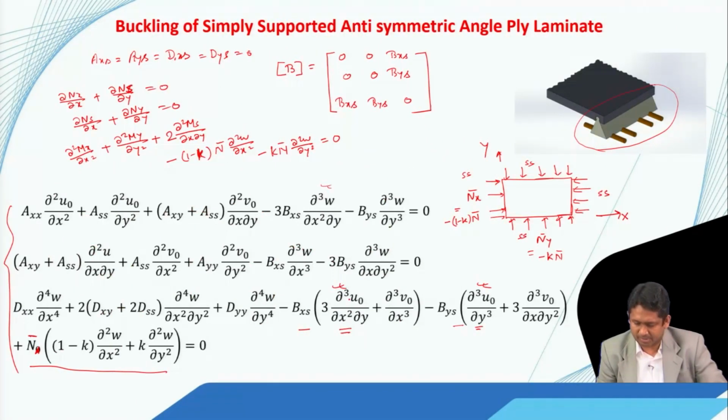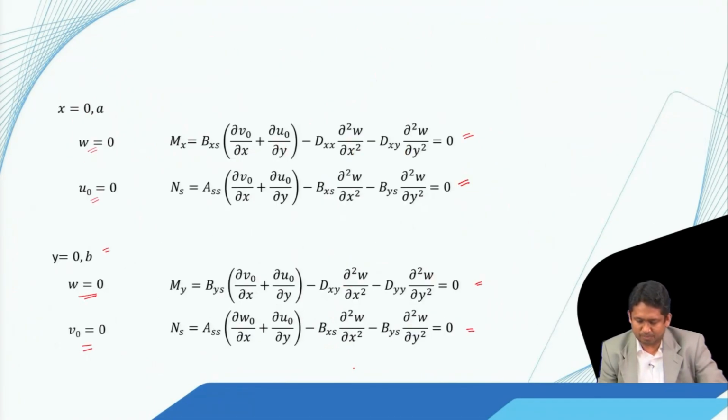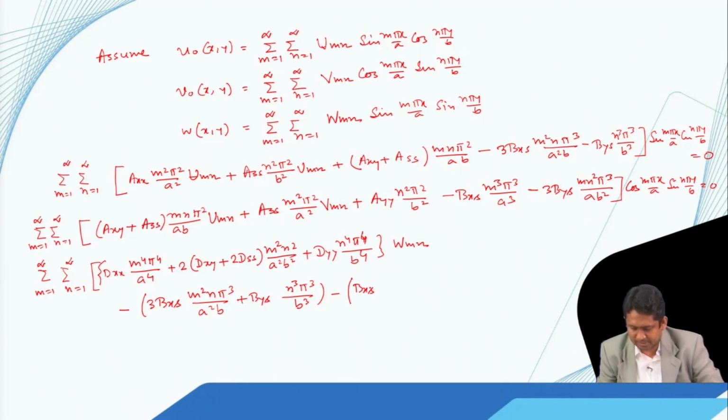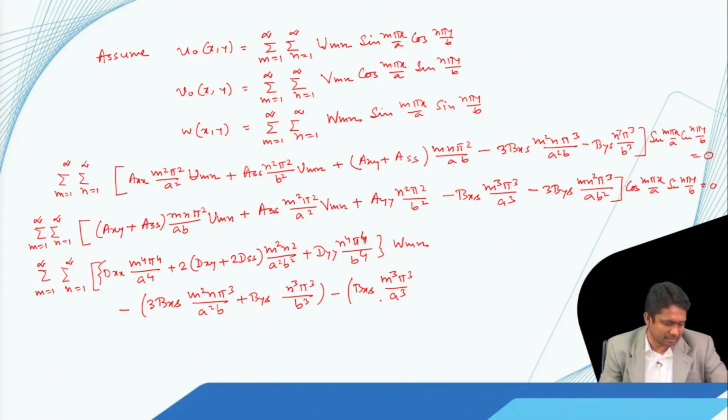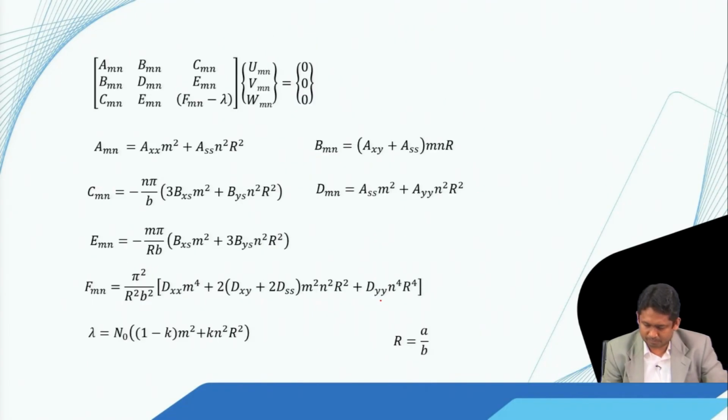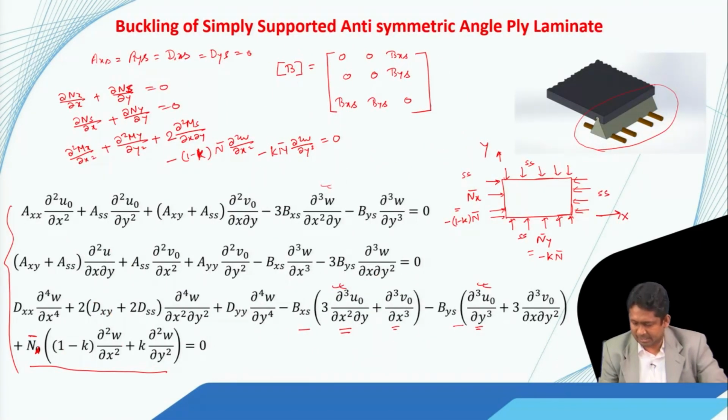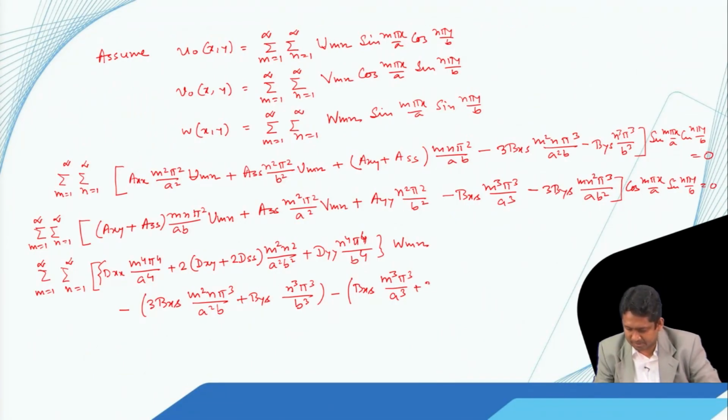So here we have minus bxs del cube v by del x cube, so bxs m cube pi cube by a cube, and that comes from this term, and then we have this, so minus 3 bys, minus, plus 3 bys mn square pi cube by ab square.